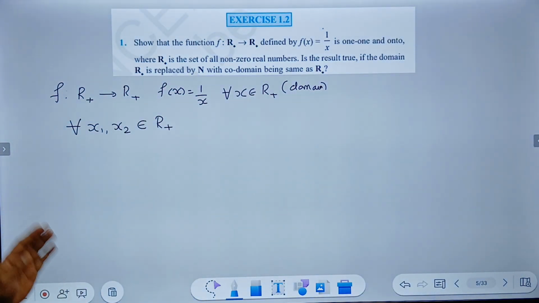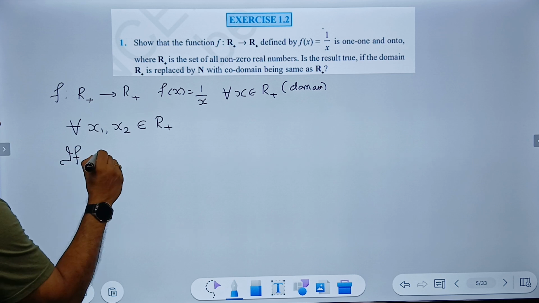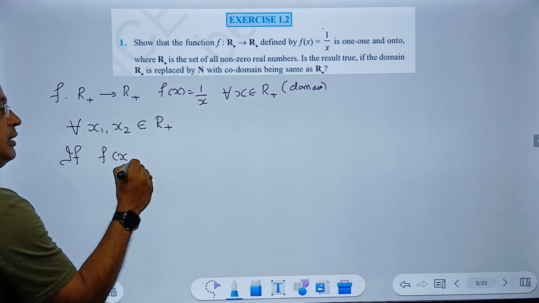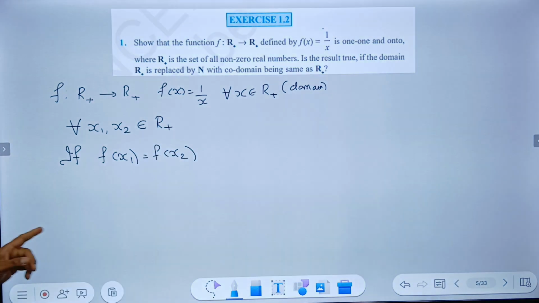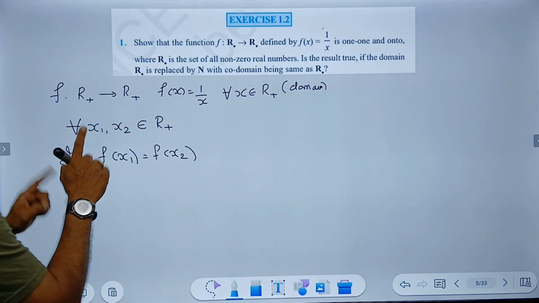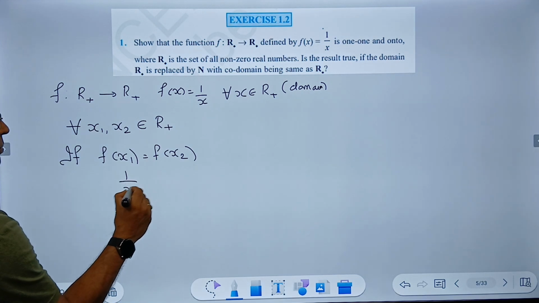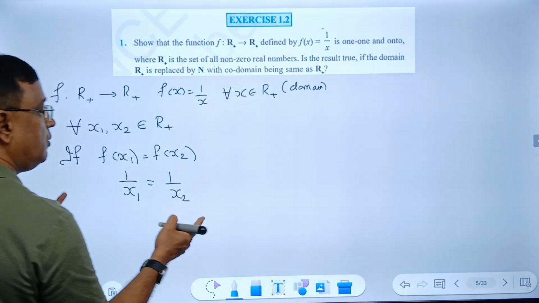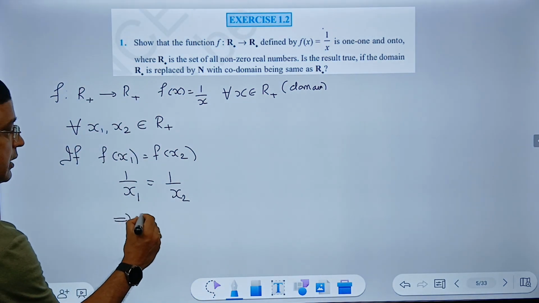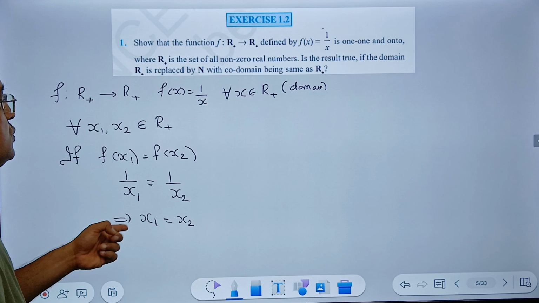If my images are equal, f of x1 equal to f of x2. But what is f of x1? F of x is 1 by x. F of x1 will be 1 by x1 equal to 1 by x2. Now you cross multiply, you will get x1 equal to x2, which satisfies the definition of a 1 to 1 function.